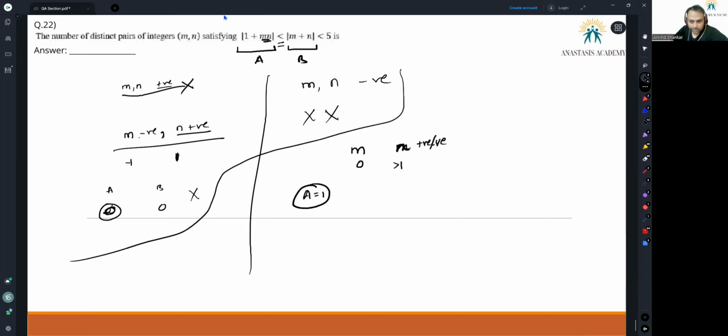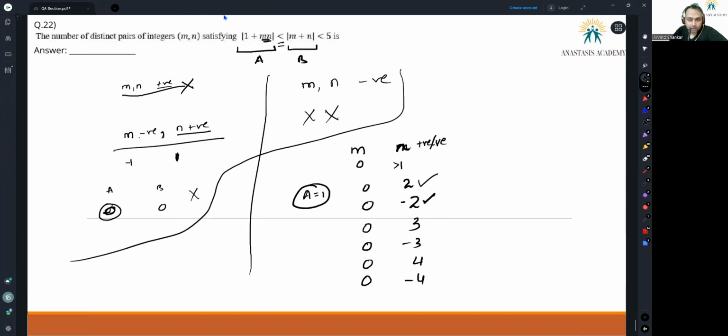If M is 0, let's see, 1 plus 0 is less than 2 plus 0 is less than 5. Yes, all conditions are satisfied. Now 0 and minus 2, this would also work. Absolutely fine. Similarly, 0 and 3, 0 and minus 3, 0 and 4, 0 and minus 4.